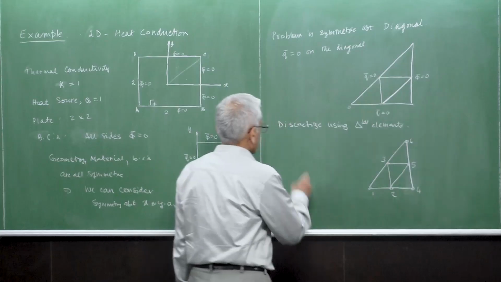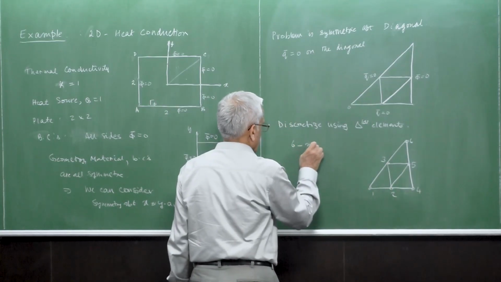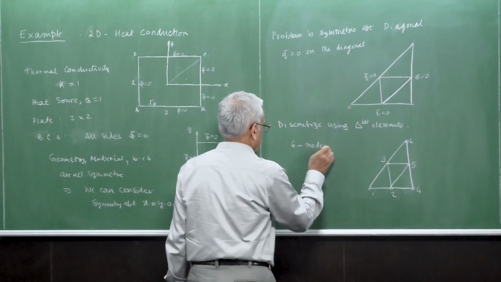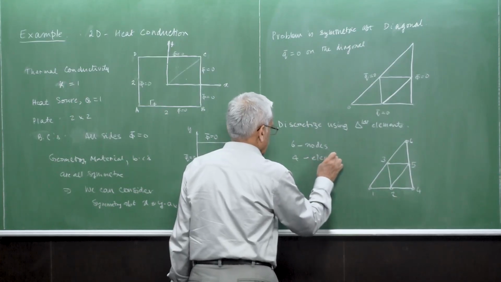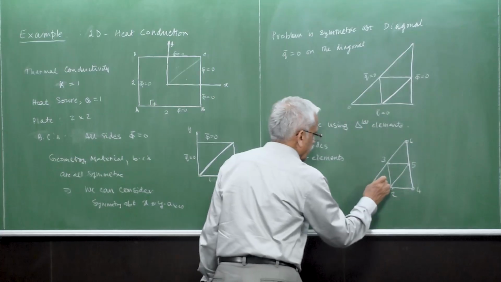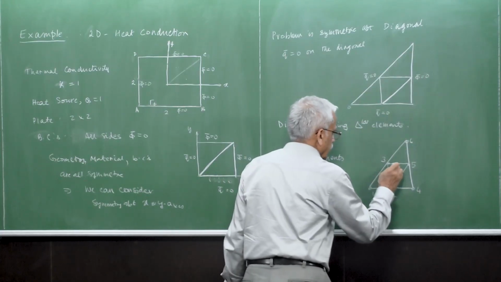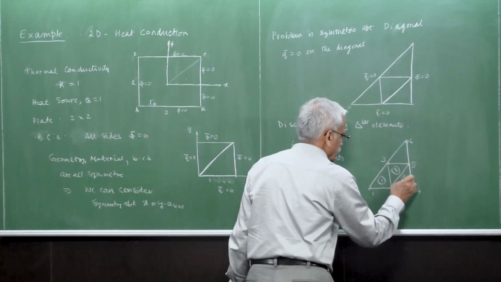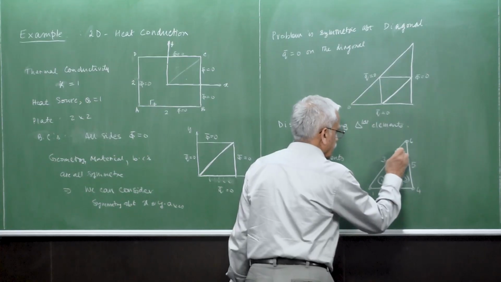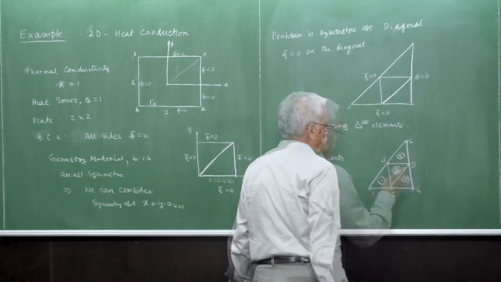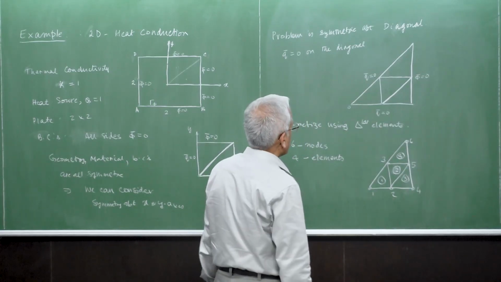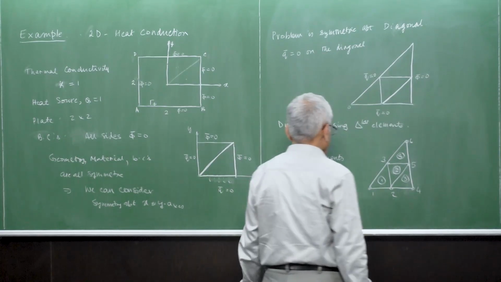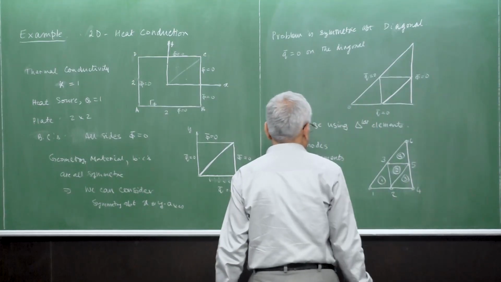So these are the 6 nodes and 4 elements. Okay, there are 4 elements and 6 nodes, and we know exactly the coordinates.